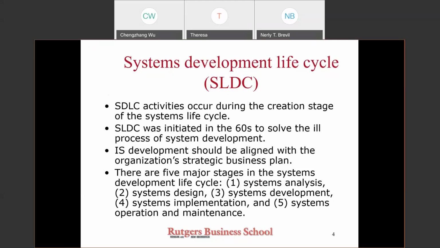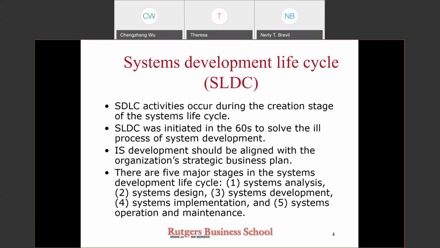In addition to employing a planned approach to developing individual systems, organizations are realizing that an overall master plan of information systems is essential.